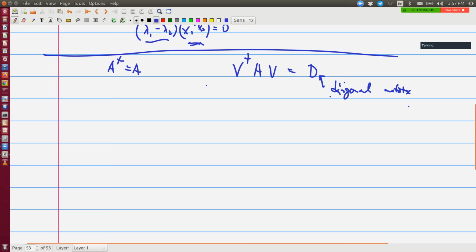So I have a matrix V, and then the Hermitian of that matrix V, and if I multiply A by these matrices, I will get a diagonal matrix.